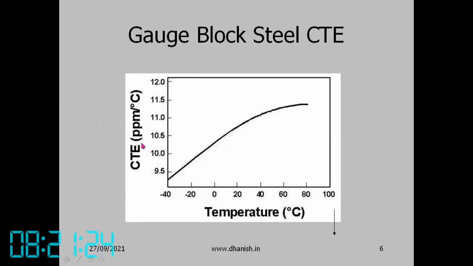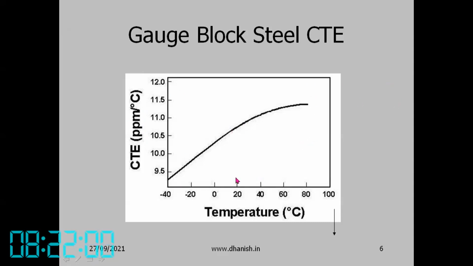This coefficient of thermal expansion, CTE, has a unit of ppm per degree Celsius, that is, parts per million per degree Celsius. Per million means divided by 10 raised to 6. The coefficient of thermal expansion is not a constant, but varies with temperature.